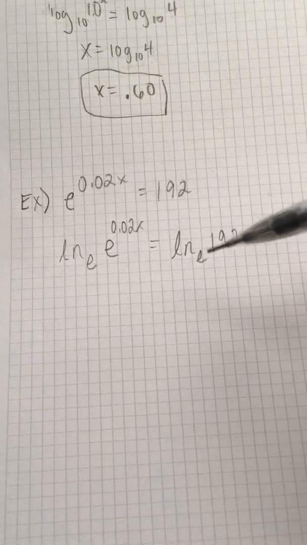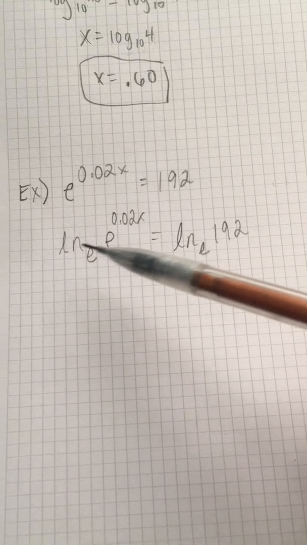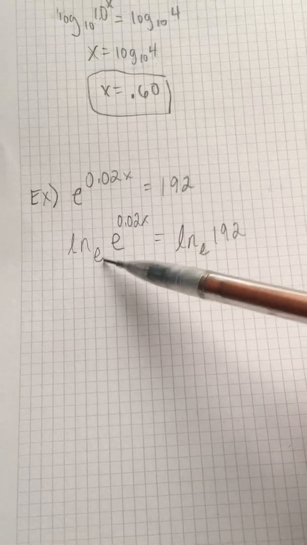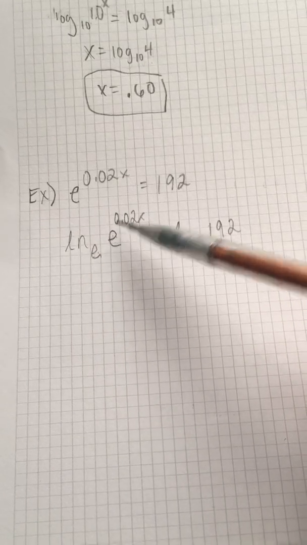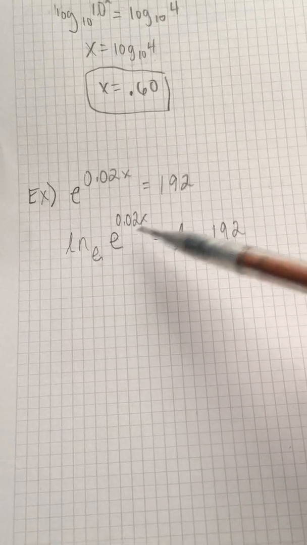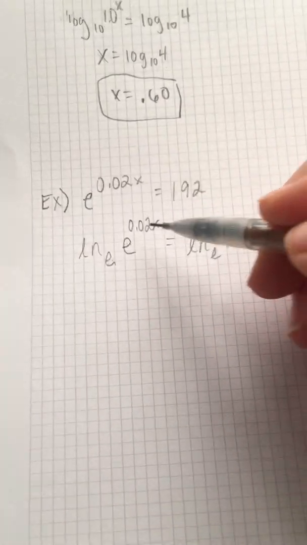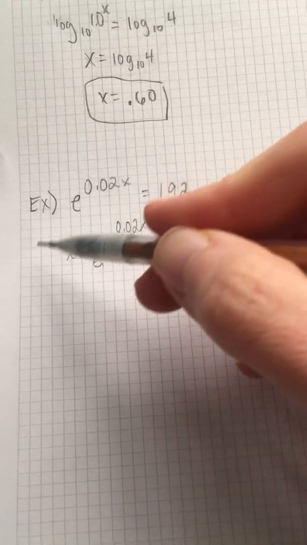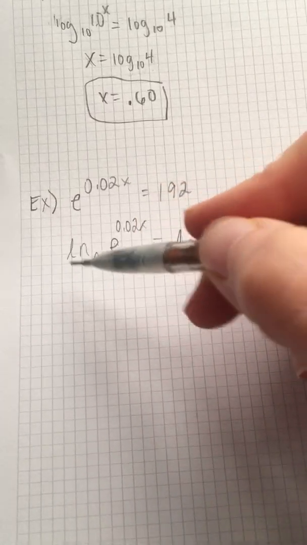Now, what does this mean, and why am I doing this? Well, on this side, this natural log, if these match, that special property says you end up with whatever your exponent is. Again, if that's not clear, expand. Put your power out front, expand using the power rule.